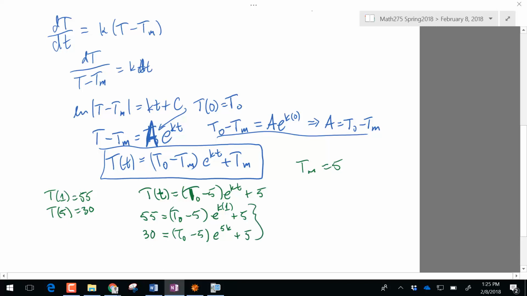So we have these two equations that we can try to solve for, and we can solve for both k and T naught. I don't know what the easier way to do this would be. We'll solve for T naught up on top. So we subtract the 5, we divide by e to the k and then add another 5.